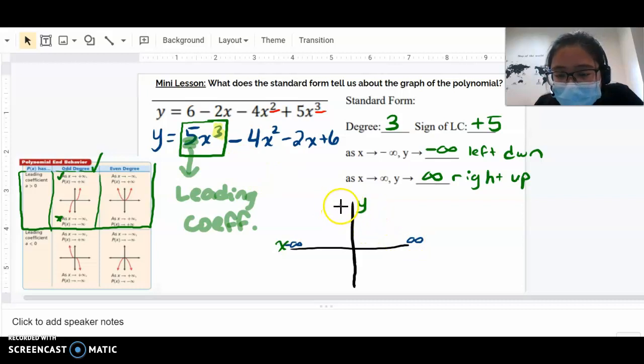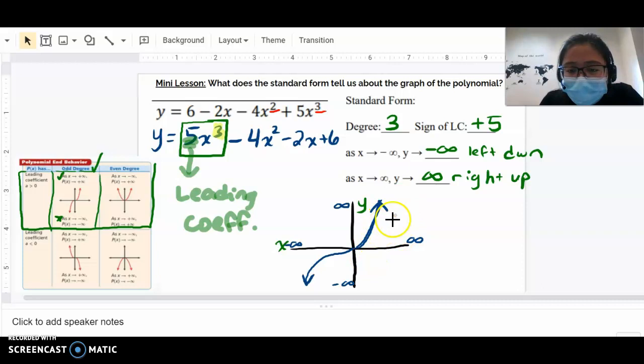With the y-axis, my positives are up here, and my negatives are going in the down direction, okay? So when I'm actually drawing this out, using end behavior, on the left, I'm just going down, and then on the right, I'm just going up. So it'll have around this same shape.